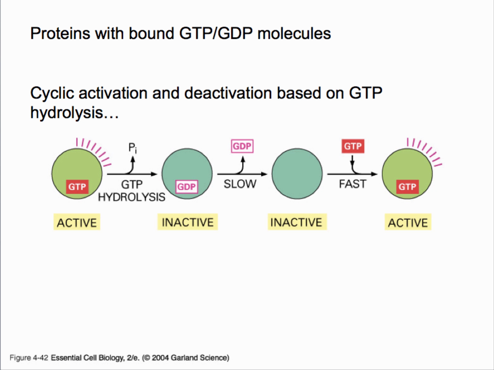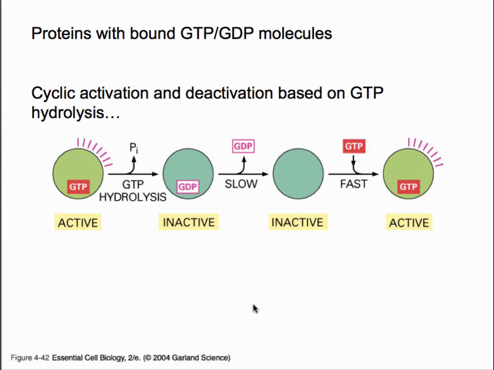The active protein then self-hydrolyzes its GTP, which means that it removes an inorganic phosphate from the surface of the GTP, and the GTP therefore becomes GDP. In this configuration, the entire protein becomes inactive.